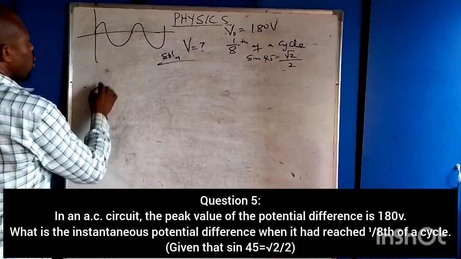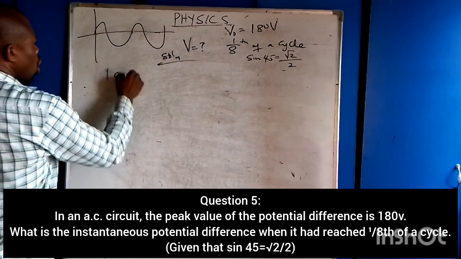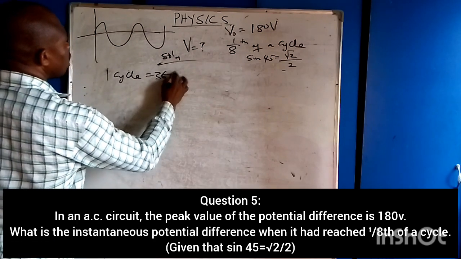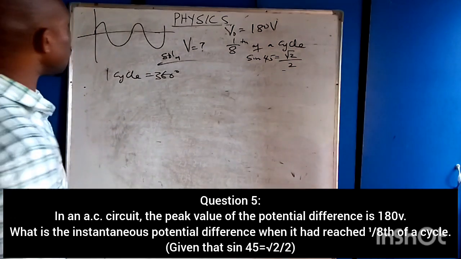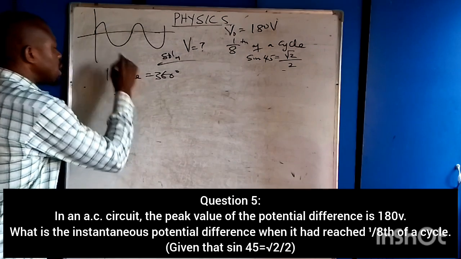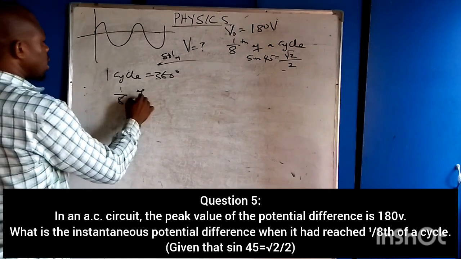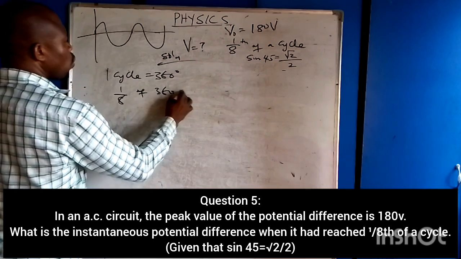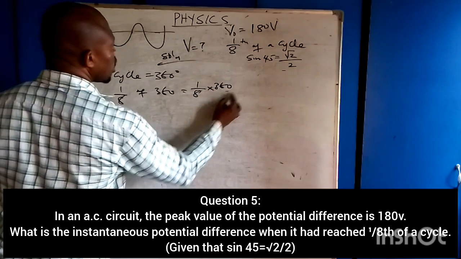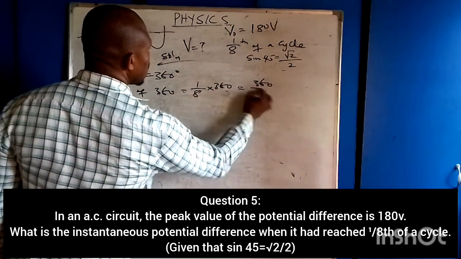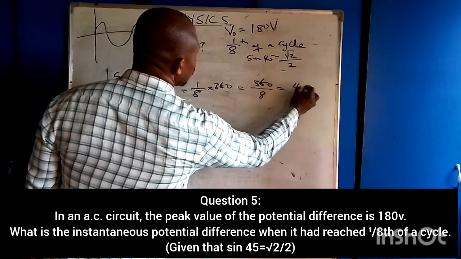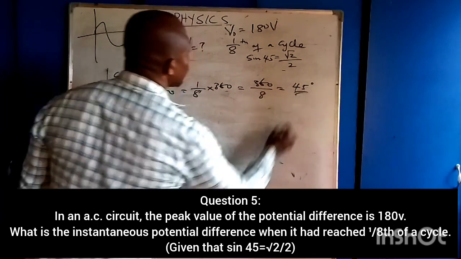Now, recall that one cycle or one oscillation is equal to 360 degrees. Since one cycle is 360 degrees, 1/8 of 360 will give us 360 over 8, which by calculation is 45 degrees.